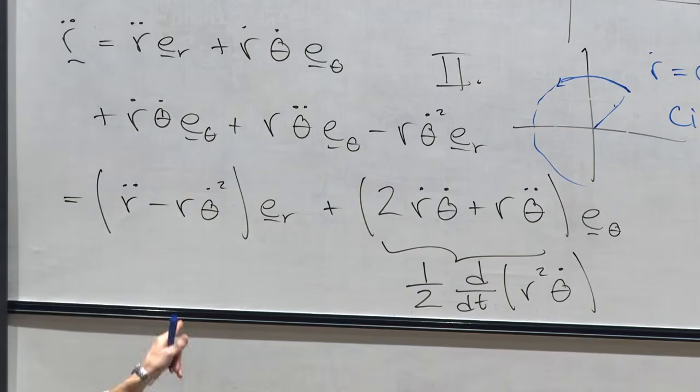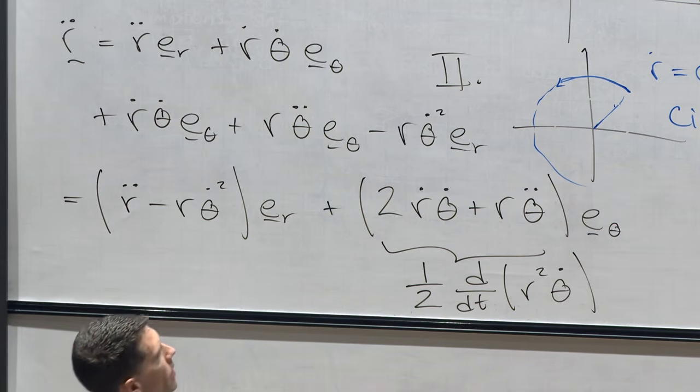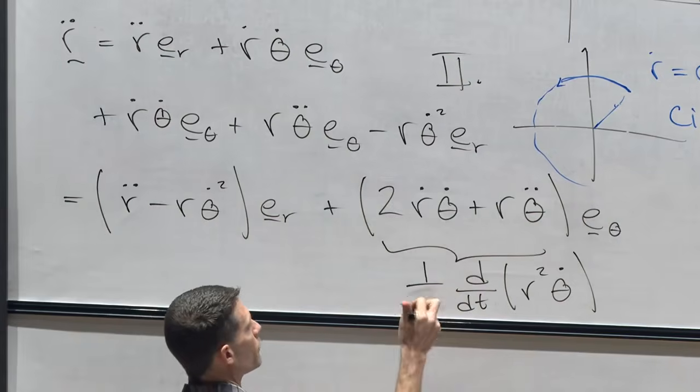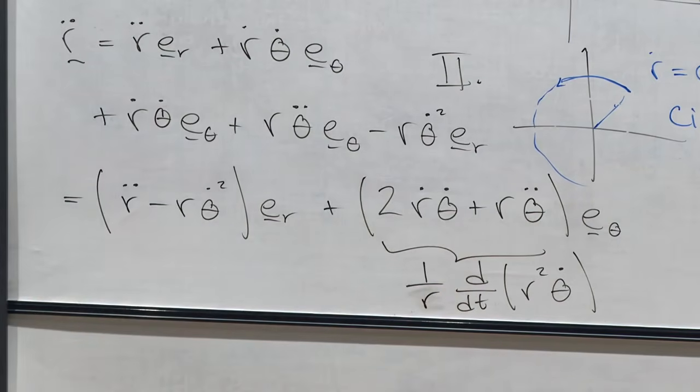Which you can sort of check by going, no, that's not right. I need the 2 to stay there. This is a 1 over r d dt of r squared theta dot. You can expand that and see that that works.